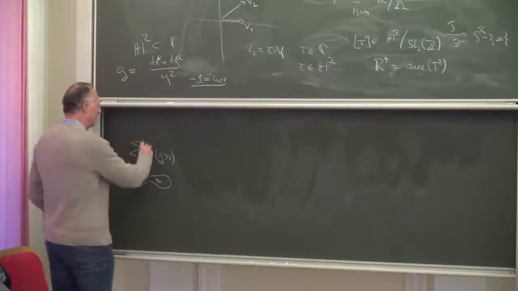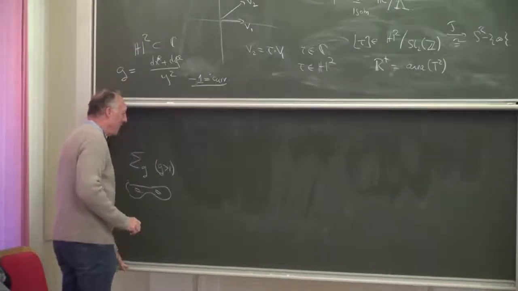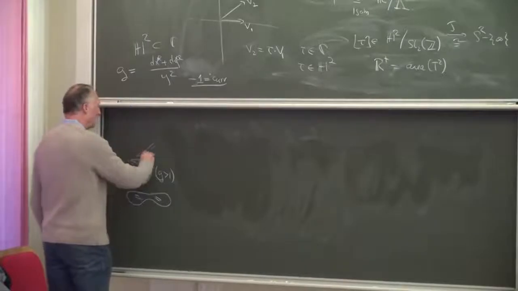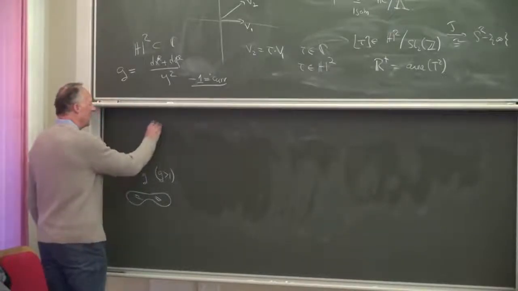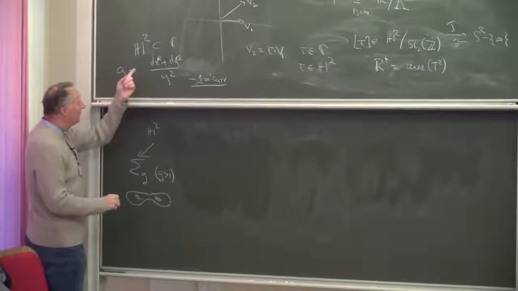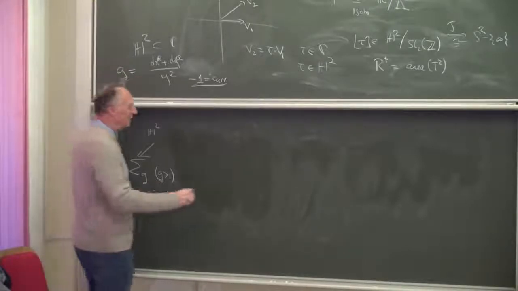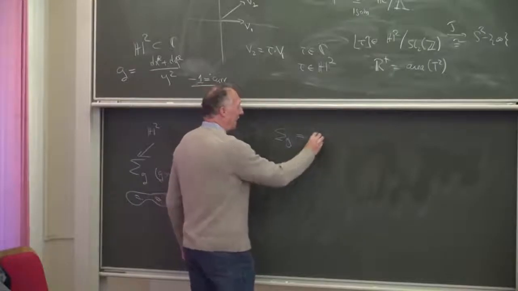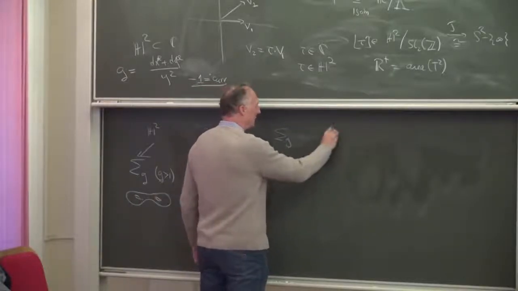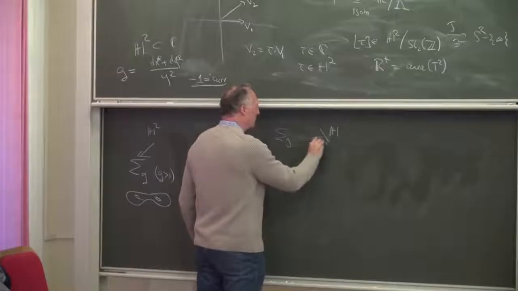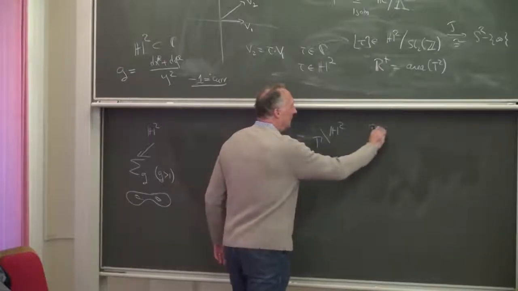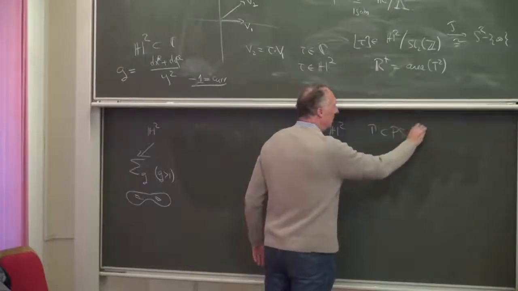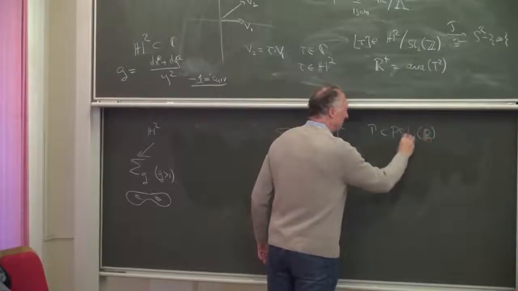And in that context, the universal cover as a Riemannian manifold is the hyperbolic plane, and this time the surface is given by a discrete subgroup in PSL2R.